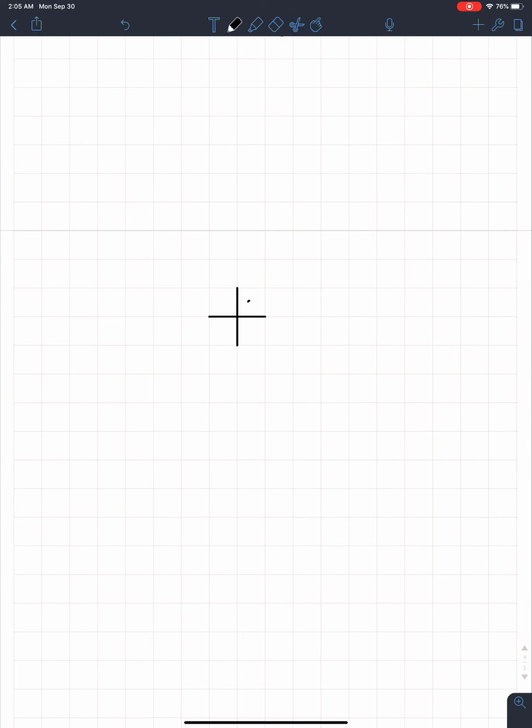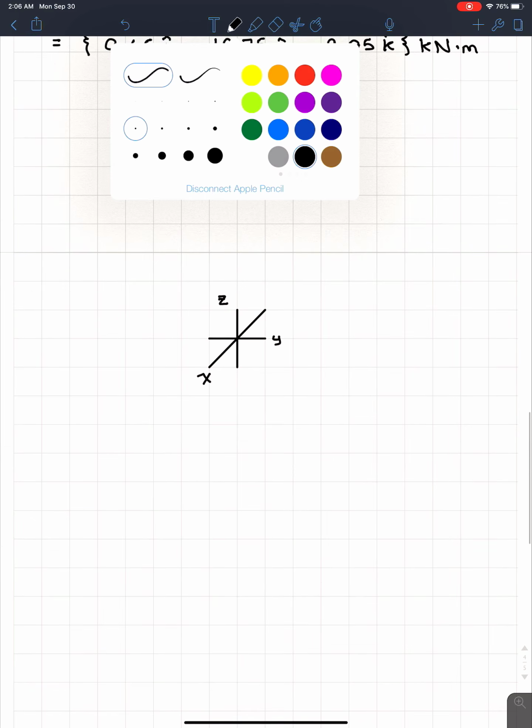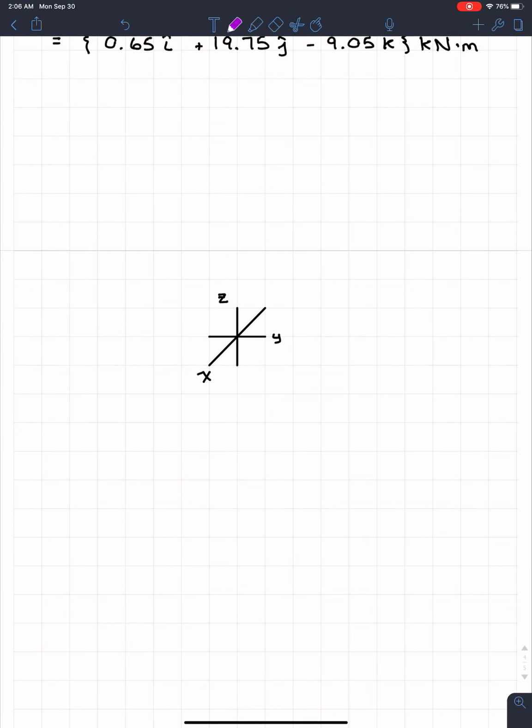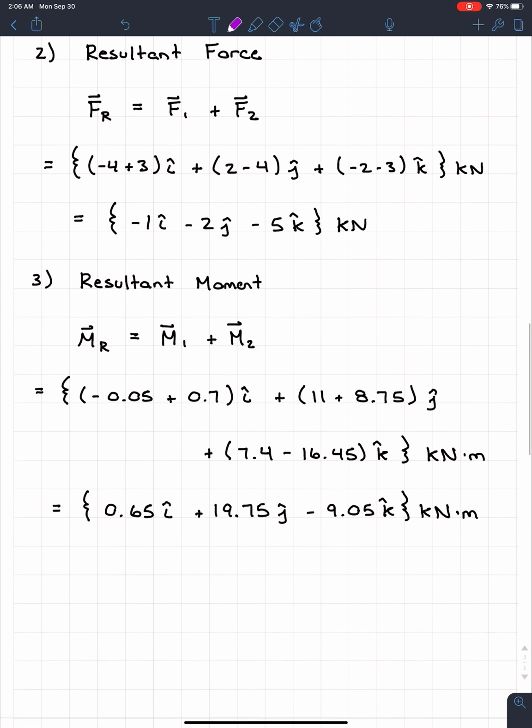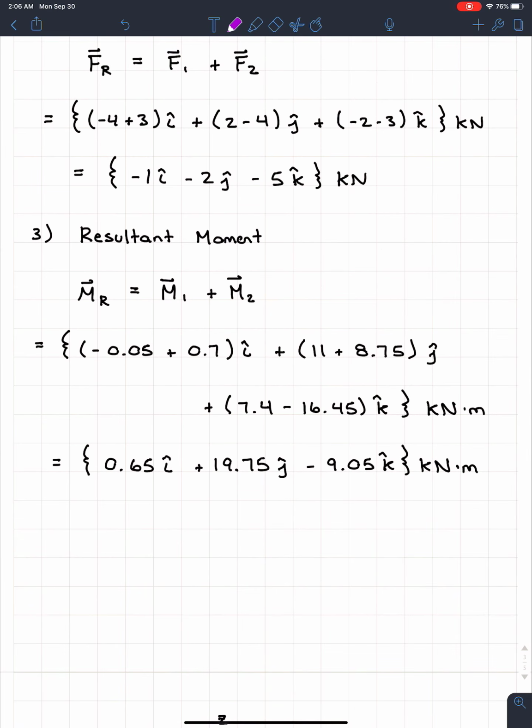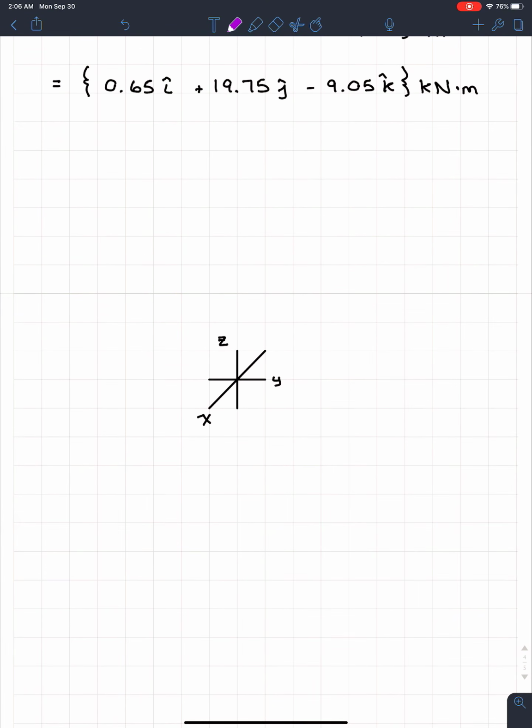It's 3 dimensions, so we know that this is Z, this one is Y, and this one is X. And all I want to do in here is just draw my 2 equivalent force systems. So we look up here to the resultant force. It's negative in all directions, so we can say the force vector goes something like this.